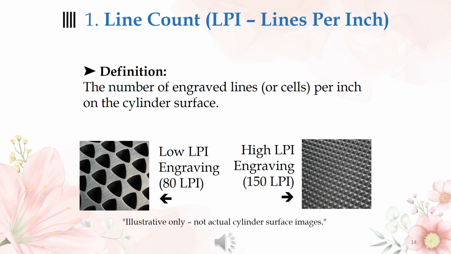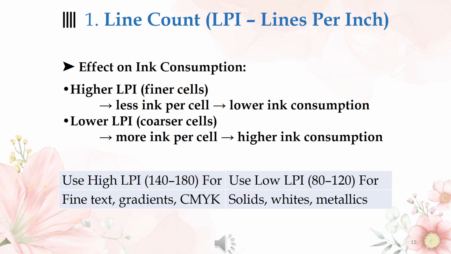Line count or LPI is the number of engraved lines or cells per inch on the cylinder surface. Higher LPI means finer cells. There is less ink per cell, that means lower ink consumption. Lower LPI means coarser cells, that means more ink per cell.